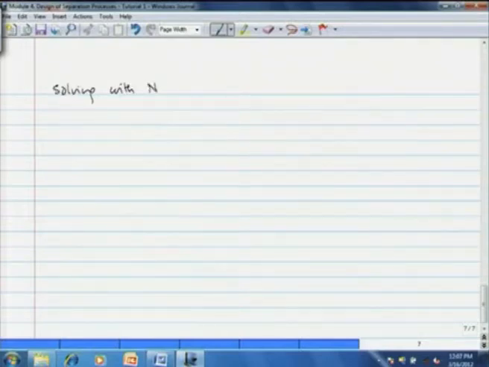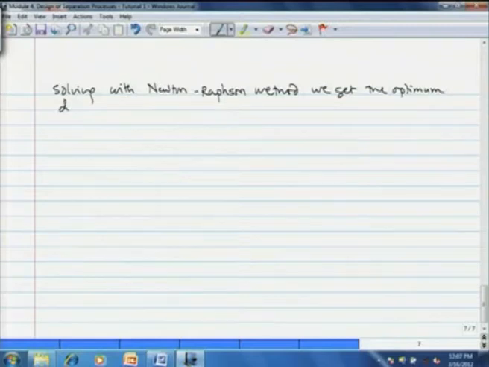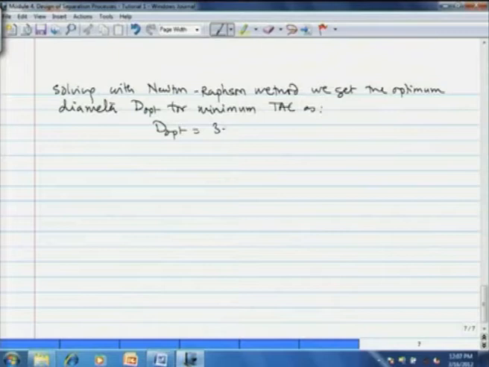Solving with the Newton-Raphson method, we get the optimum diameter D opt for minimum total annualized cost as 3.2582 meters.